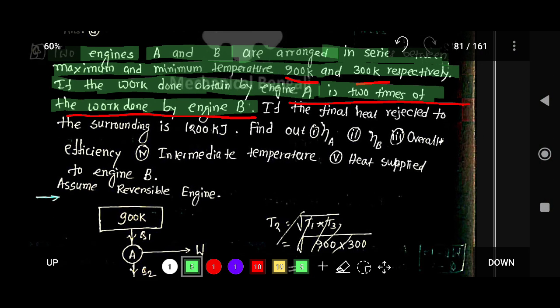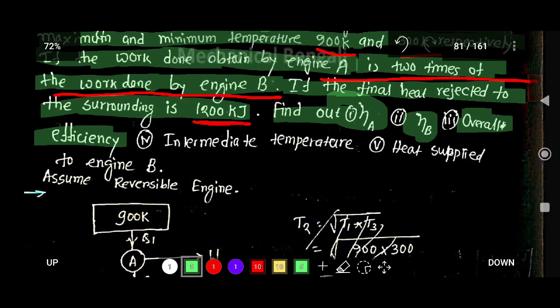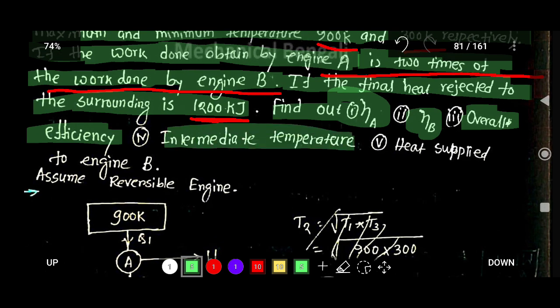Now if the final heat rejected to the surrounding is 1200 kilojoule, find the efficiency of engine A, efficiency of engine B, third overall efficiency, fourth the intermediate temperature, and fifth the heat supplied to the engine.